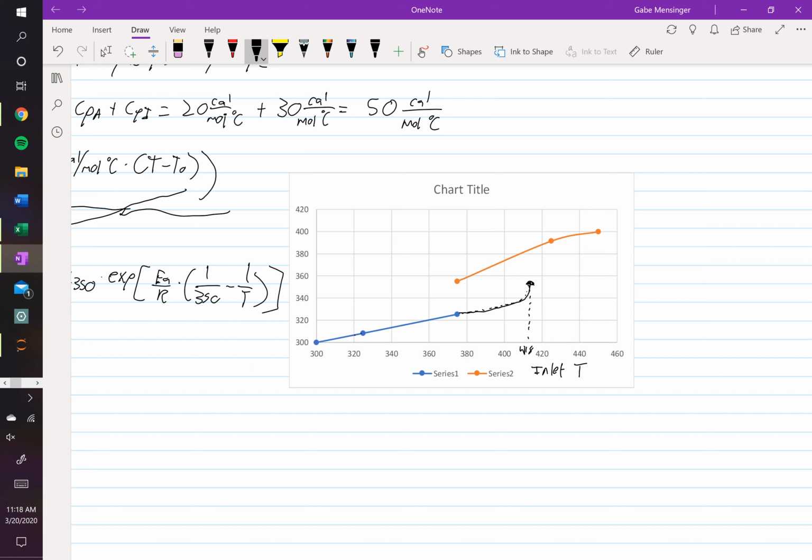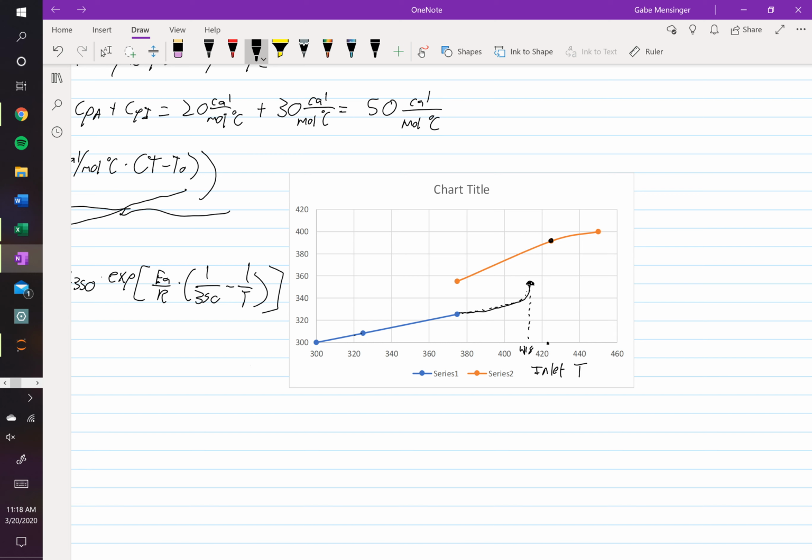If we were to increase our inlet temperature by 5 degrees to, let's say, over here, 423, we have gone past the ignition point, which means that we are now going to be on this line, somewhere over here. Since we've gone past the ignition point, we are no longer on the lower branch, only on the upper branch.